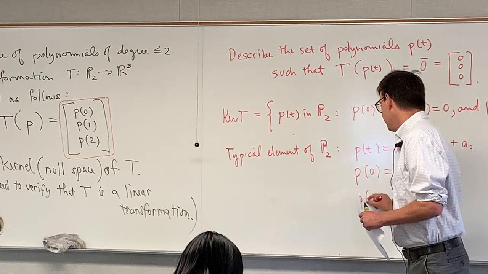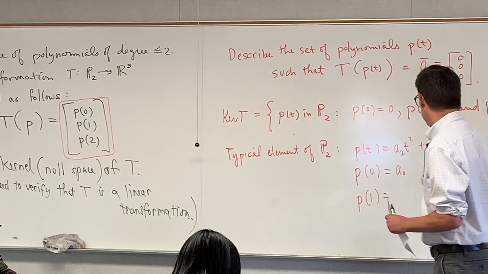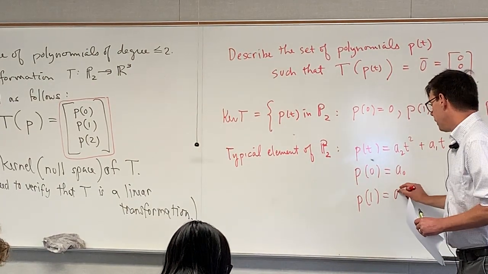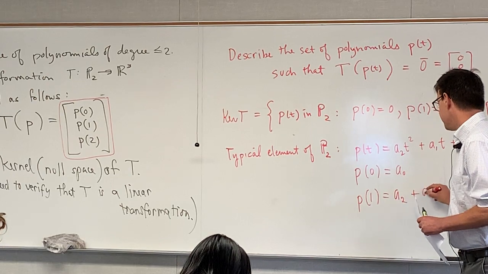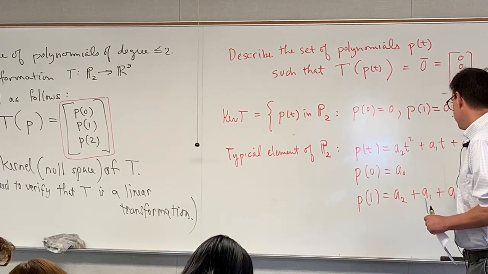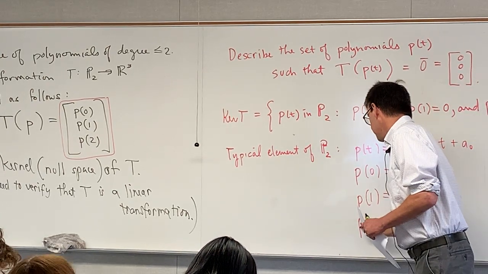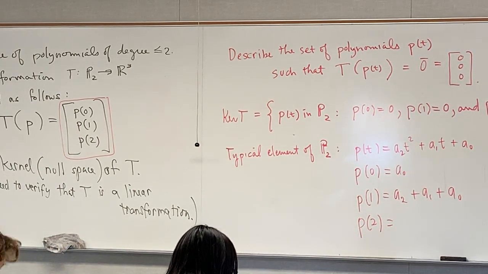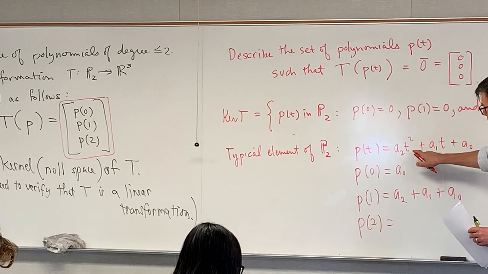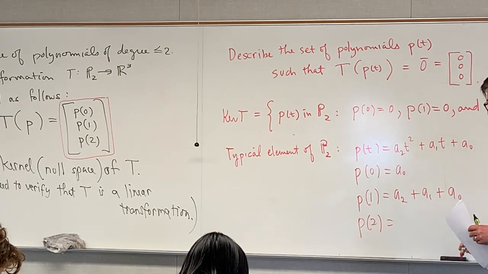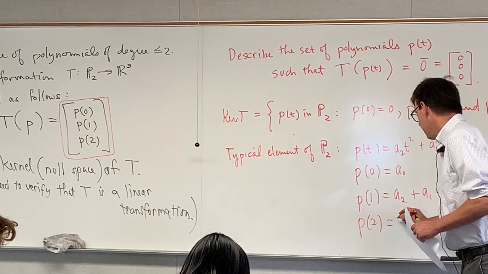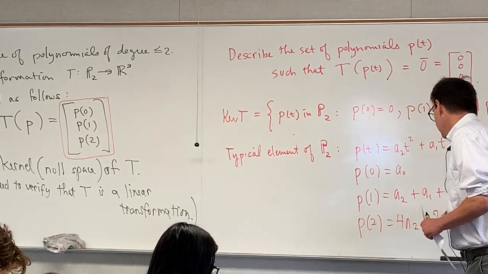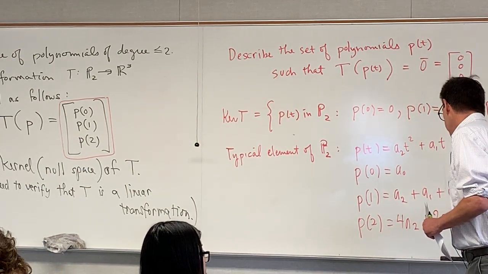P of 1 is going to be what happens when you plug in 1 for t. You're going to get A2 plus A1 plus A0. P of 2 gets a little bit more complicated, right? Because we got to square what we plug in. So that's 4A2 plus 2A1 plus A0.